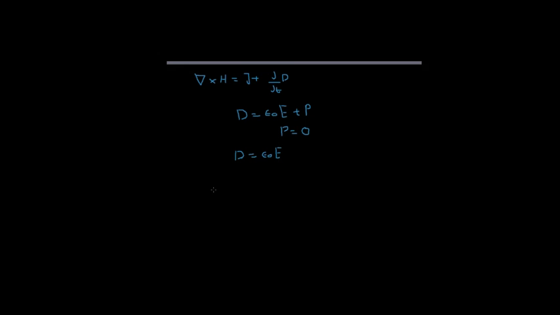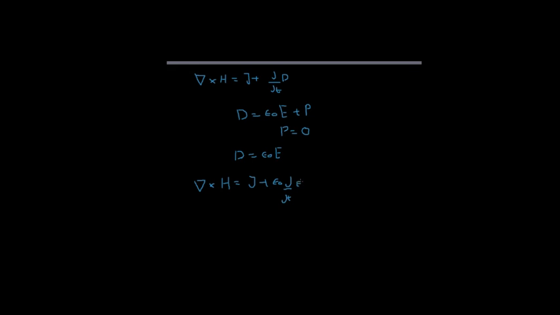By substituting the above value of D into Maxwell's fourth equation, we have that the curl of H is equal to J plus epsilon 0 d by dt of E, where H is the magnetic field intensity. We wish to convert the magnetic field intensity in this equation to the magnetic field.